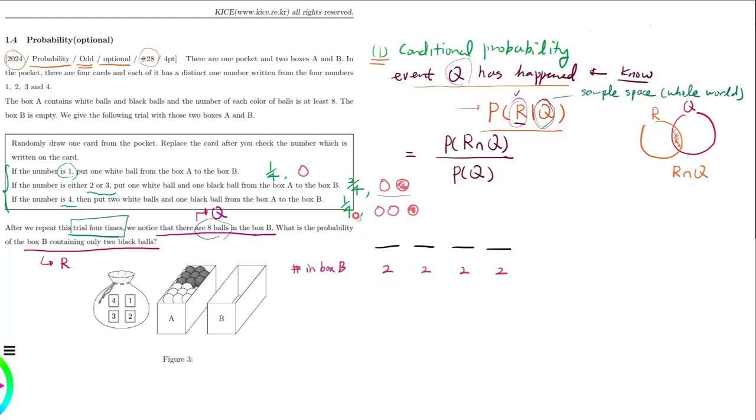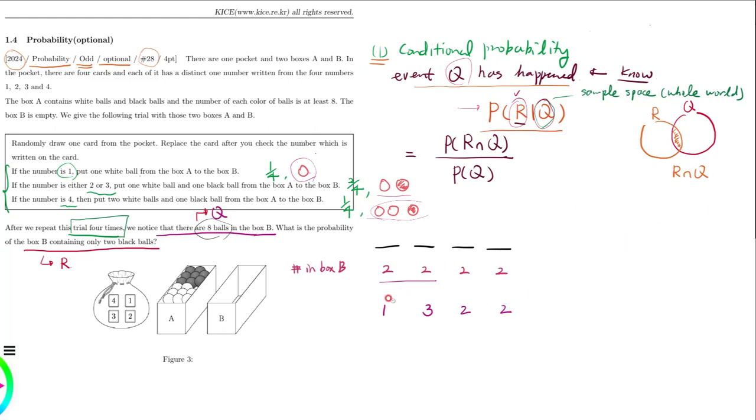Another case, maybe instead of this 2, 2, we have 1 and 3 here. 1 white ball and 3 balls, which consists of 2 white balls and 1 black ball, and 2, 2.